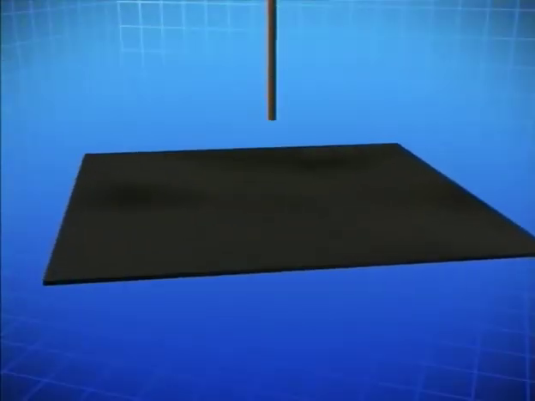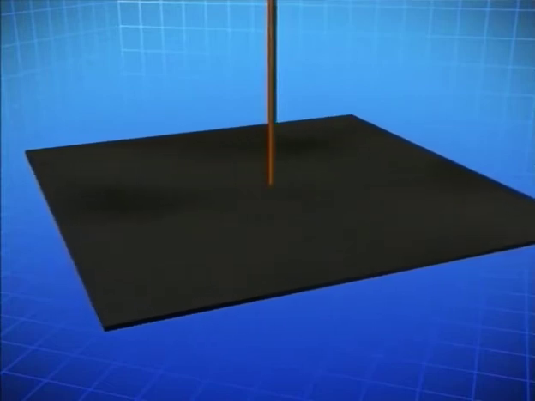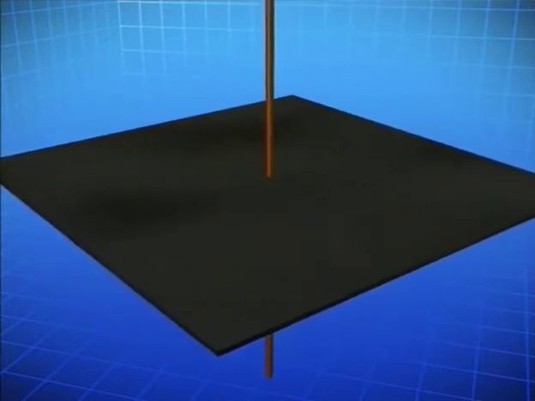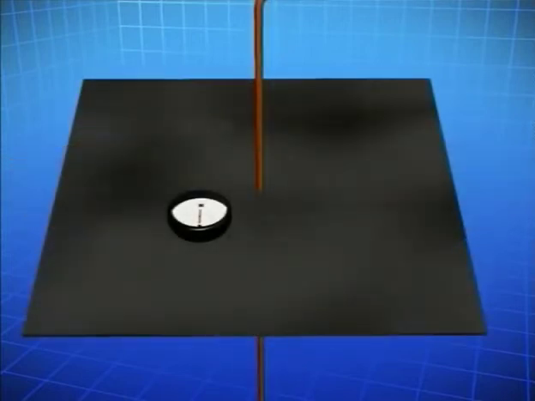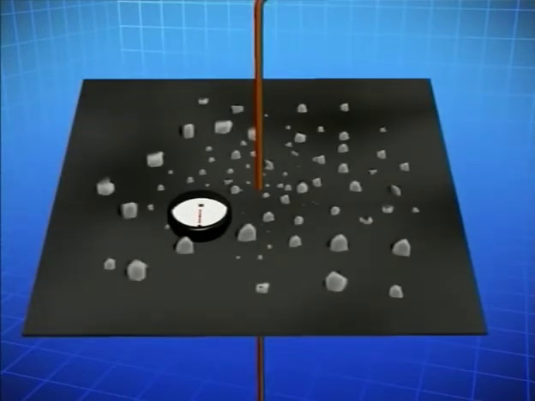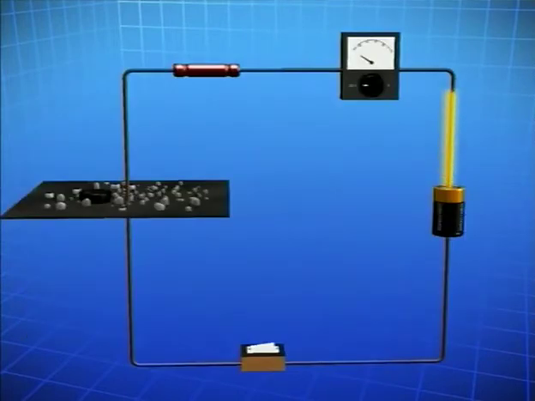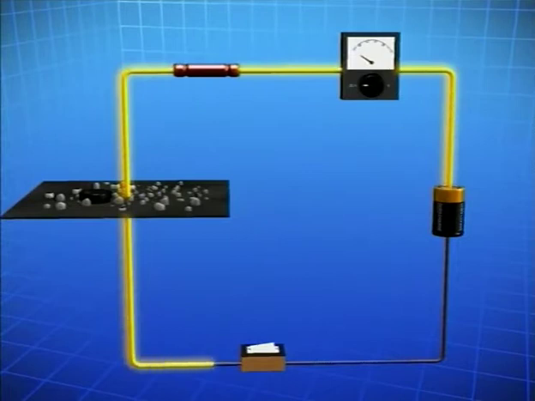Take a piece of cardboard. Insert a copper wire through it as shown here on the screen. Now sprinkle gently some iron filings on the cardboard and pass the current through the wire, keeping the rheostat at a fixed position.